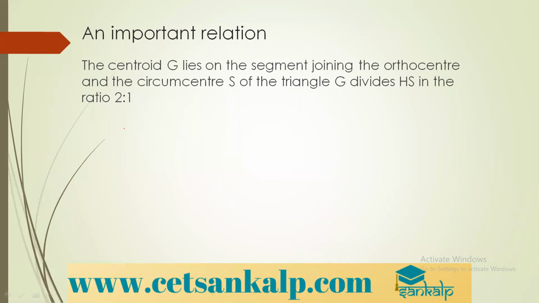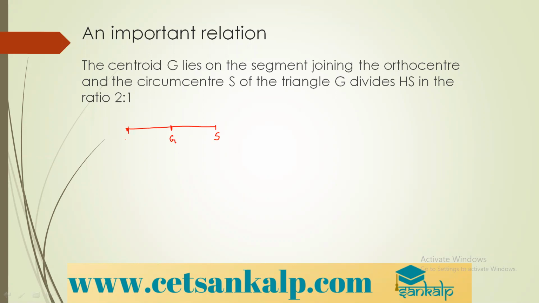Now, after finding centroid, orthocenter, and circumcenter, we can make a relation between these three. If you take a line, write the circumcenter here, S, write the centroid here, and write the orthocenter here.